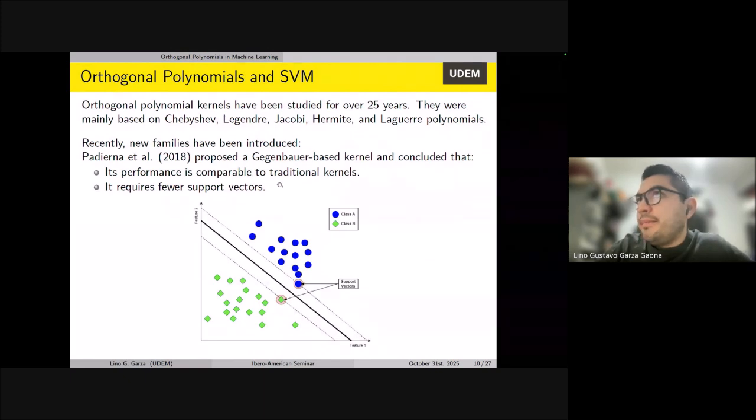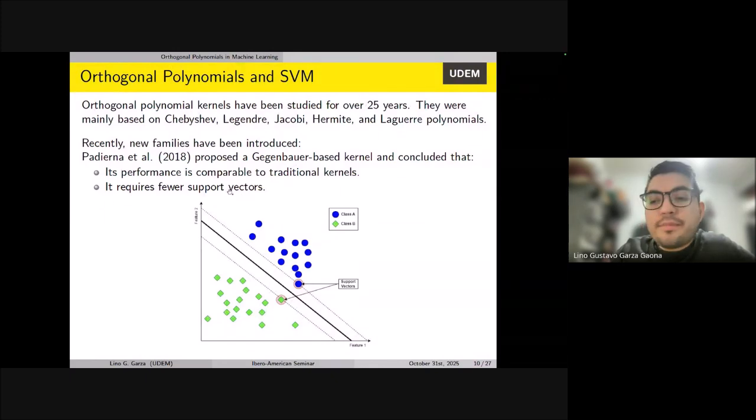He made a comparison with the state-of-the-art kernels, and he obtained very good results. One of the advantages he saw is that this kernel based on Bauer polynomials requires fewer support vectors.